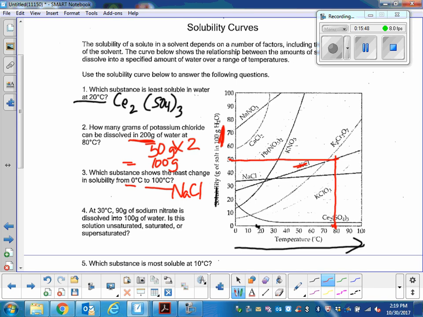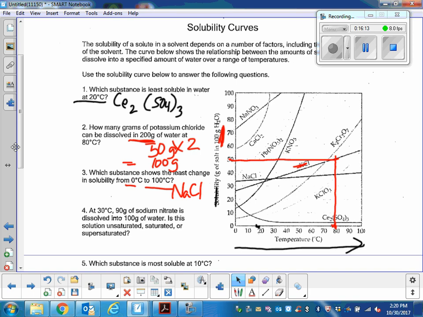Let's do number 4. Talia, this is KCl, correct? This line is KCl, potassium chloride. Okay? So they want at 80, Talia.